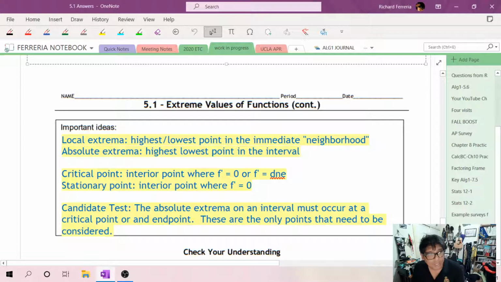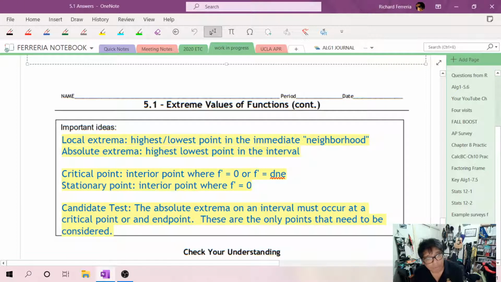So the important ideas, the first one we have is local extrema. Local extrema is the highest and lowest point in the immediate neighborhood. That's usually the easiest way to figure it out. That's not a very mathematical definition. A mathematical definition would be: if a point is a local extremum, then some interval that contains that point will have that point as either the highest or the lowest point.